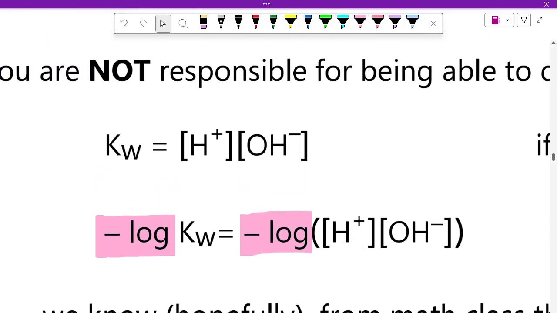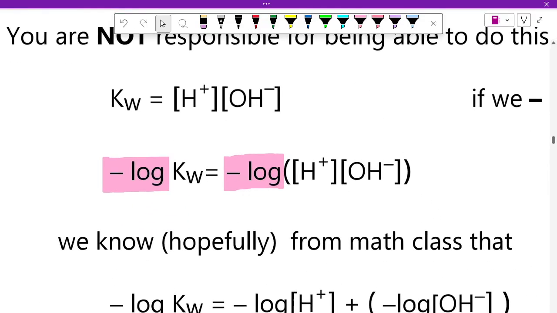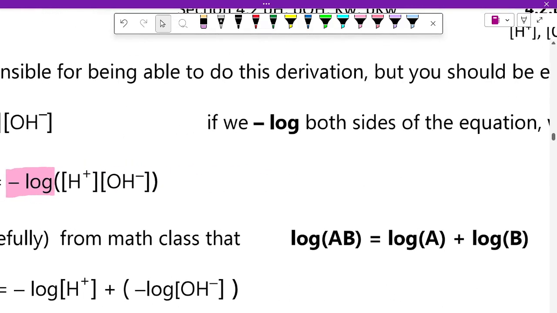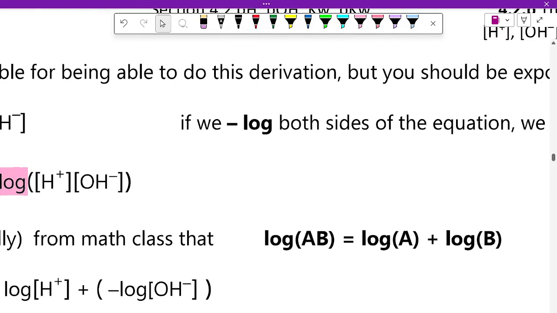Why negative log? So that we can get a pH. Now, if you remember your log rules from math class, log of A times B is equal to log of A plus log of B. Learned that like yesterday. Well, here you are using it in context.